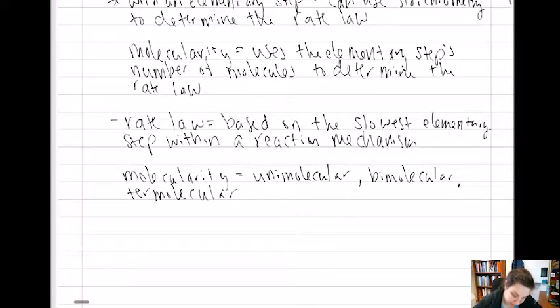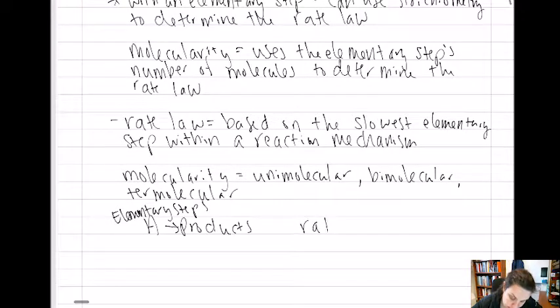So something like A to products. So if in elementary steps, if we go from A to products, our rate would be Ka, because this is a unimolecular process.